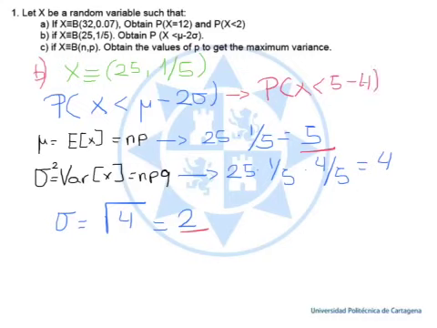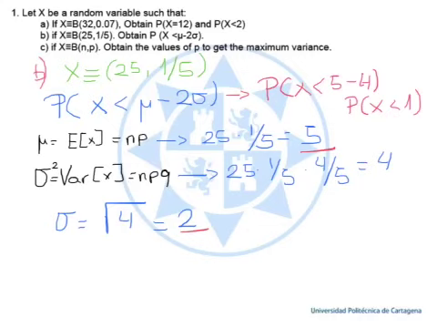So this is equal to the probability that X is smaller than 1. So as we did in the previous part, we are going to do this in parts.